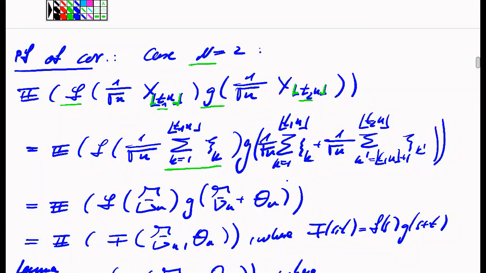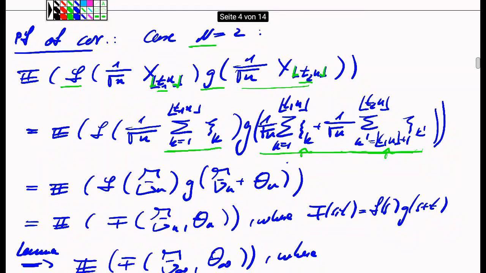And the second part I write as a sum of the corresponding two truncated sums, namely x at t2 n, of course, since it's the simple random walk evaluated at a later time, is the simple random walk at the previous time plus the sum of the remaining pushes which are obtained in the intermediate time.